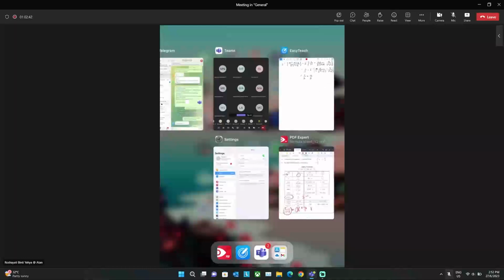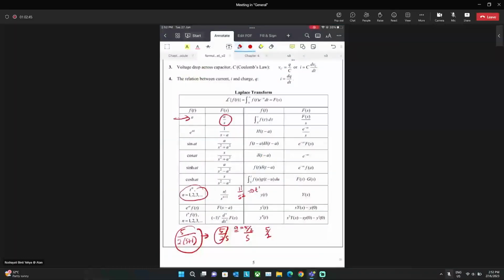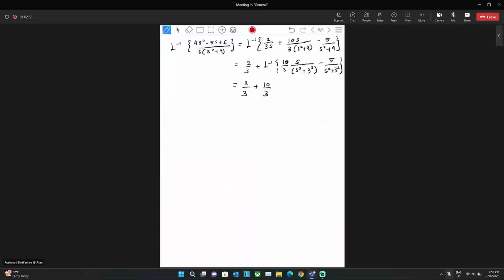Look at the table. s over s squared plus a squared equal to cos at, meaning that cos 3t, plus, minus 5.